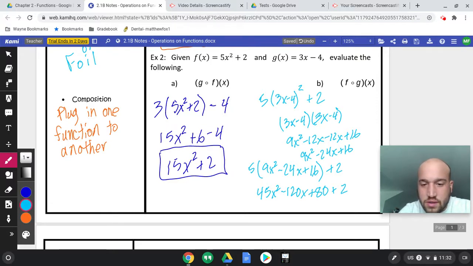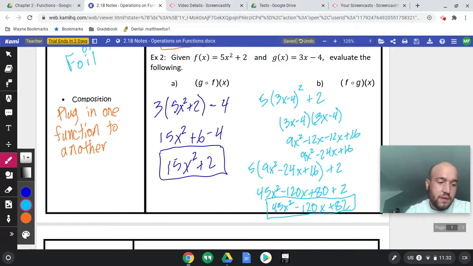And we're almost done. Now just simplify. So 45x squared minus 120x plus 82. And we are done.